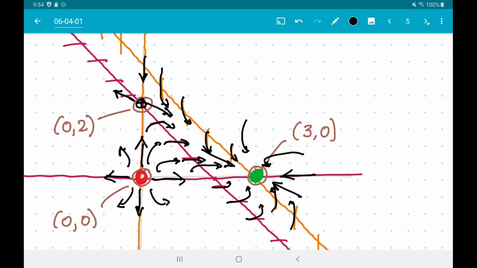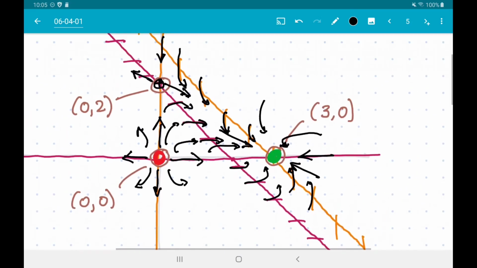Now, there are a few things that we can fill in here. There's one last thing that we can fill in. This dynamical system has a very special property. This is kind of unusual. Let me show you what it is that I'm seeing.